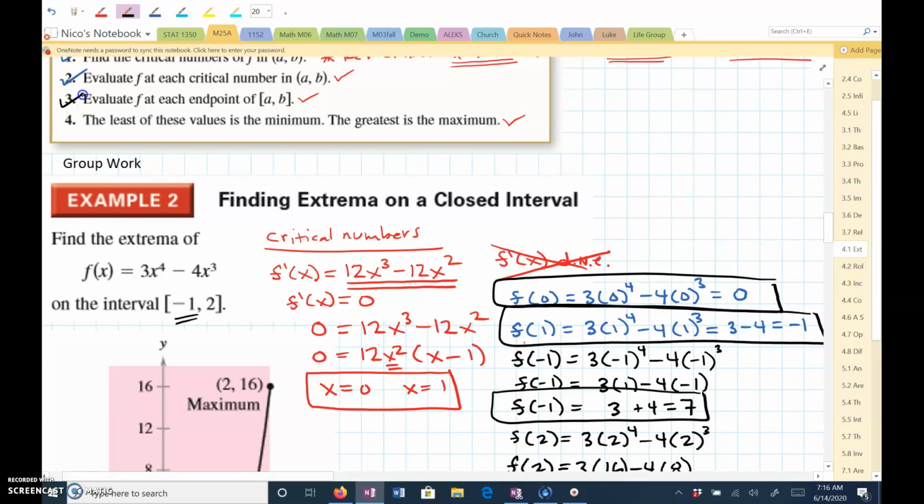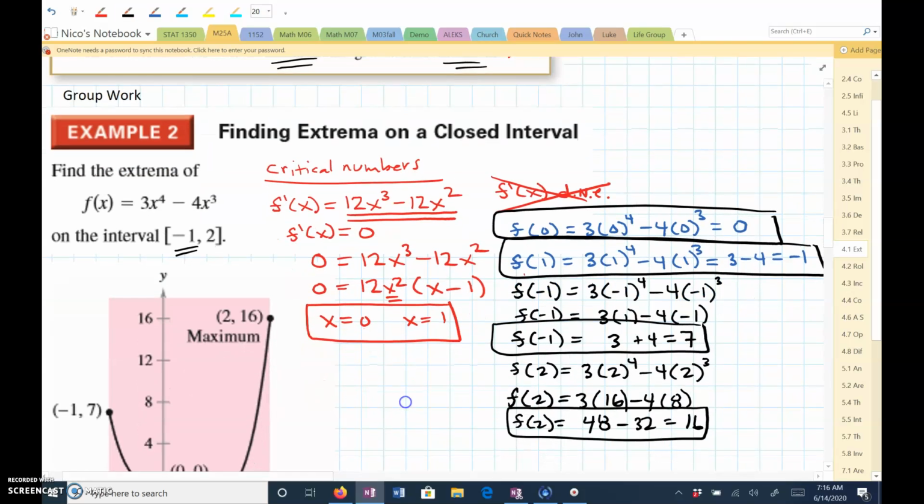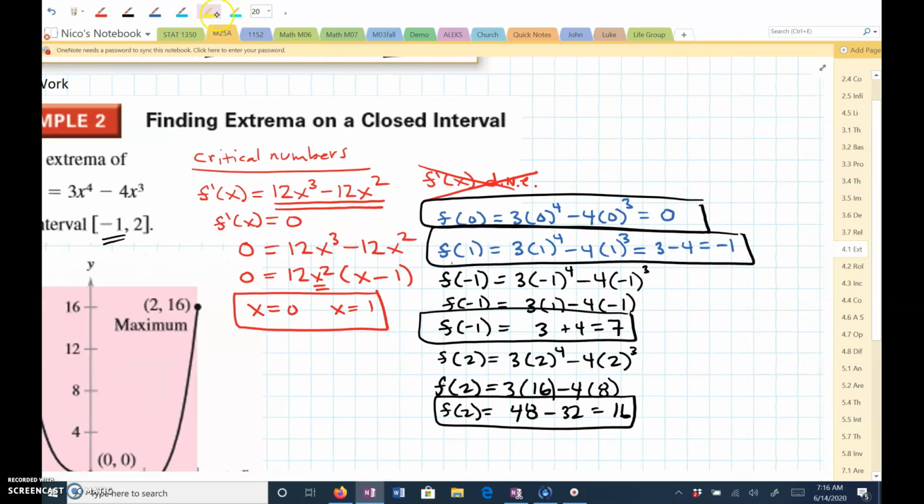So I've done step 3. Now we need to figure out the minimum value and the maximum value. Here are my values.